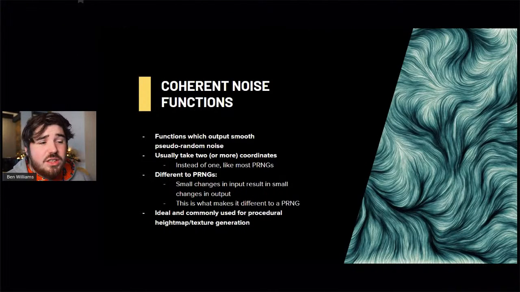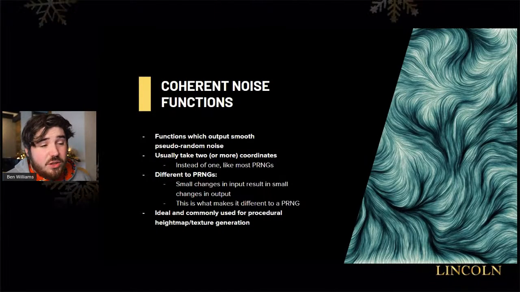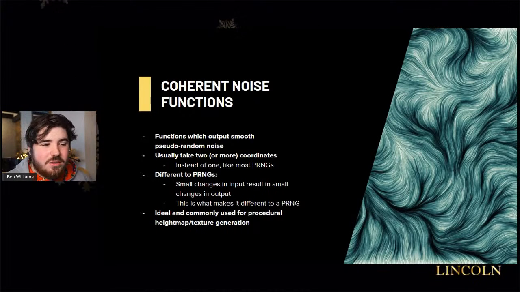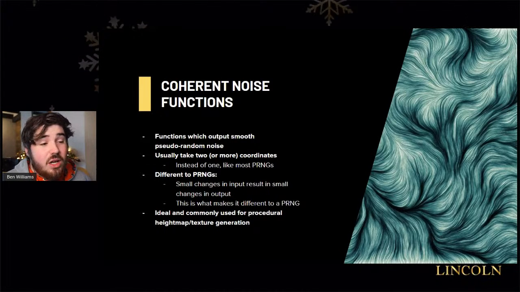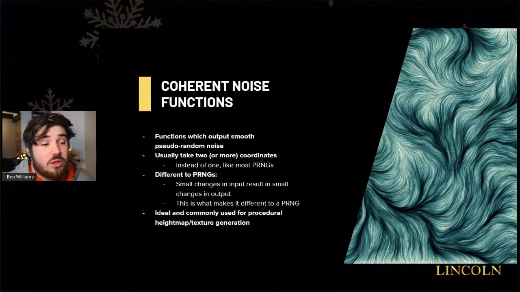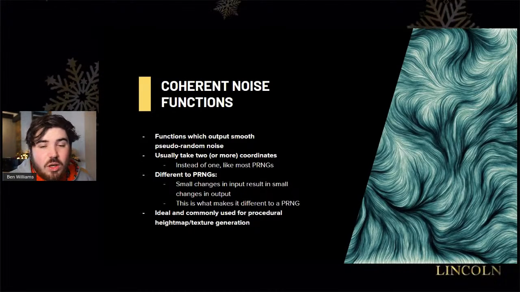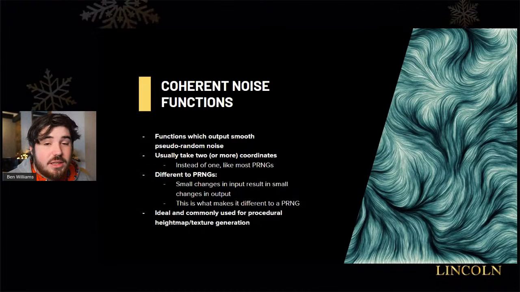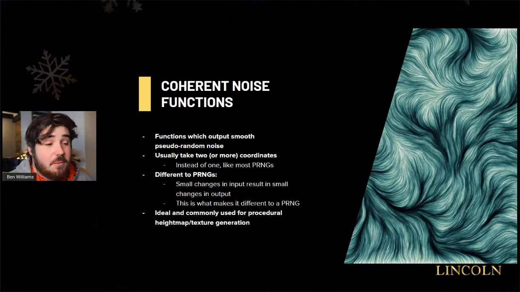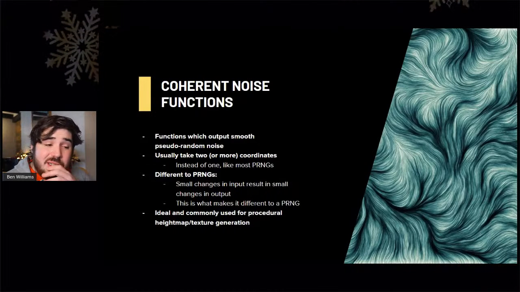So coherent noise functions are just smooth pseudo random noise. Unlike PRNGs, where we seed them and ask for a new value, usually with coherent noise functions we sample them with some coordinates. So we take an XYZ or an XY, and we say, what's the random value at this particular point? And then it will give us that random value. So they're different to PRNGs in one way.